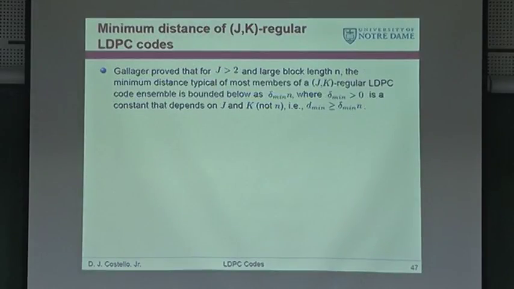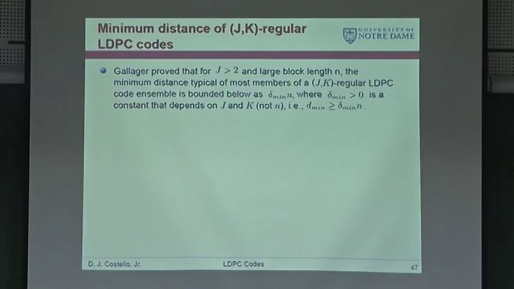So what he was able to show with this construction of an ensemble is that as long as j is greater than 2, so the column weight has to be 3 or more, and as the block length n gets large, the minimum distance that's typical, so most of the codes would have this, is lower bounded by this expression.